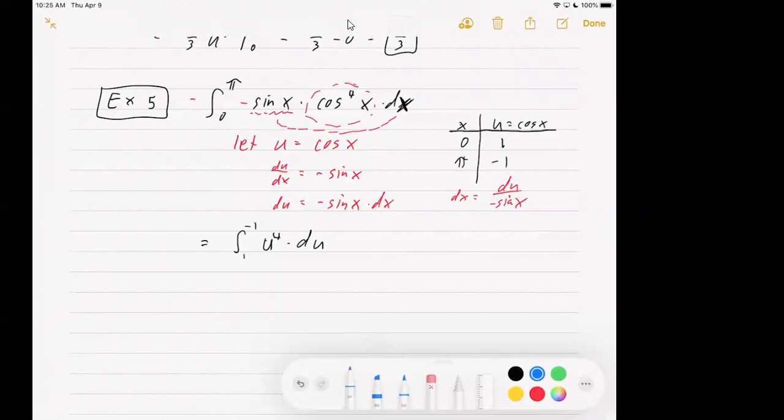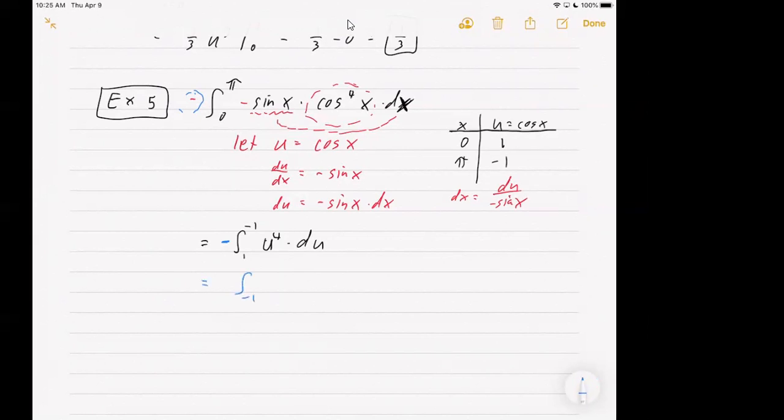I forgot that I had this negative sign out here. And I like that there's a negative sign out there because you can see my limits are sort of upside down. I go from u equals 1 back to u equals -1. So let me turn the whole thing right side up and go from -1 to 1. That introduces another negative, which cancels the negative in front. So I'll have this as my result.